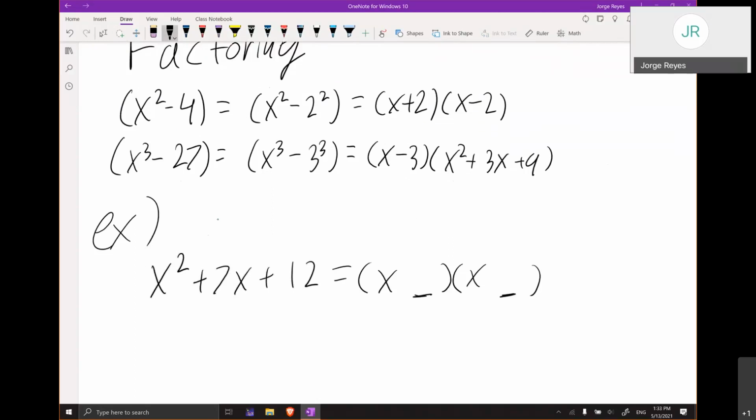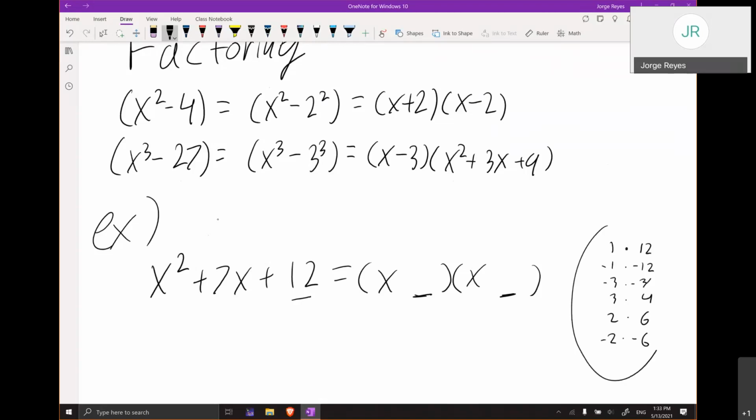So what you do is think about FOIL. You need all of the ways to make 12: 1 times 12, -1 times -12, -3 times -4, 3 times 4, 2 times 6, -2 times -6.